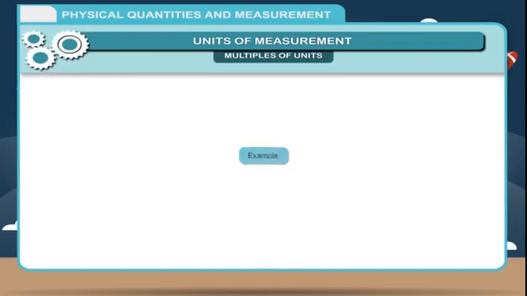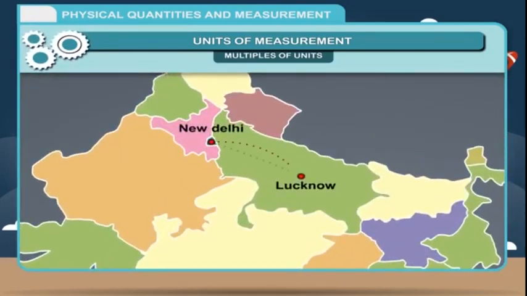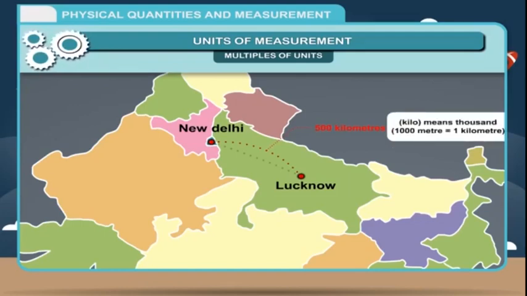For example, the distance between Delhi and Lucknow is approximately 5 lakh meters, which is inconvenient to use. The easy way to say this is, the distance between Lucknow and Delhi is 500 kilometers. Here, kilo means 1000, 1000 meter is equal to 1 kilometer. The higher units are called multiples of units. Multiples are the factors used to create larger forms of units.